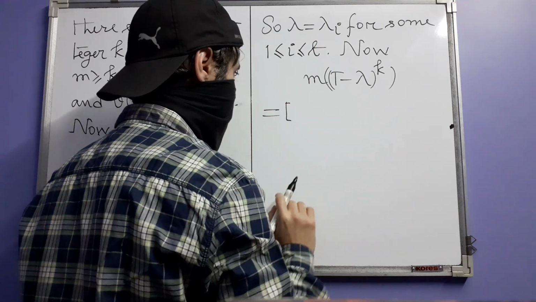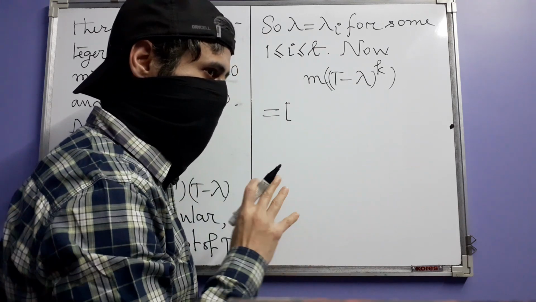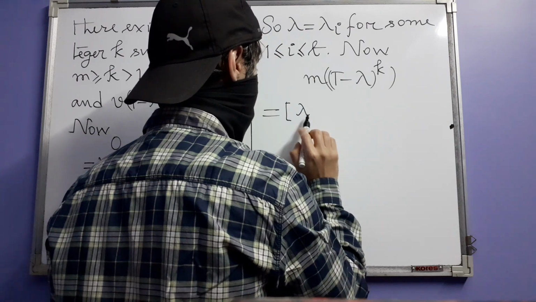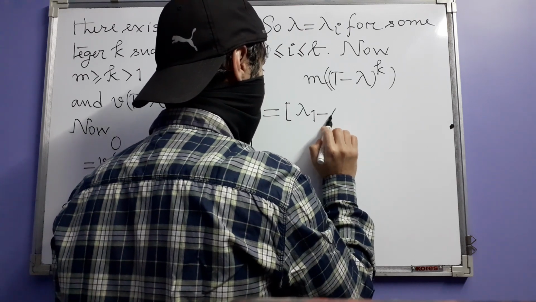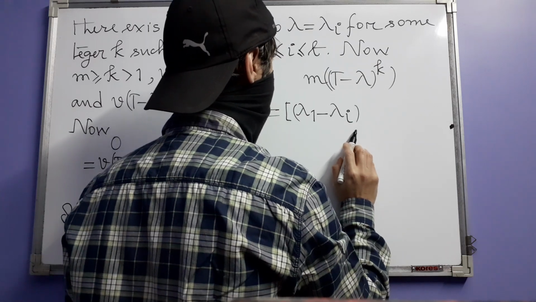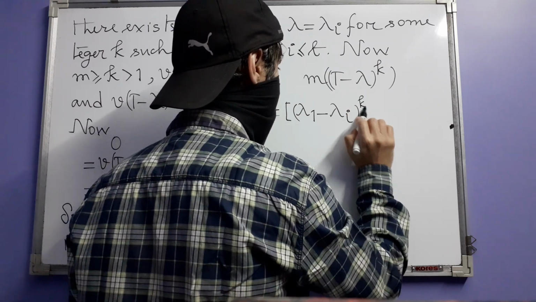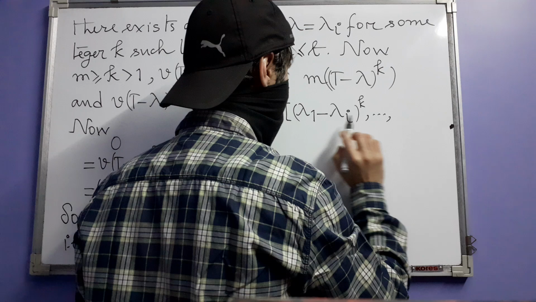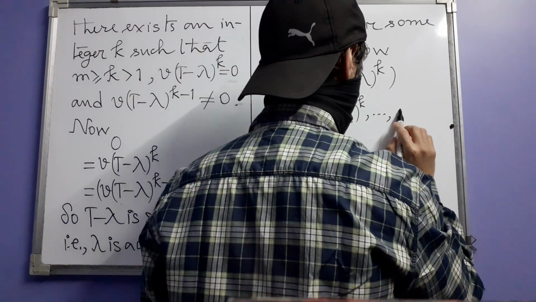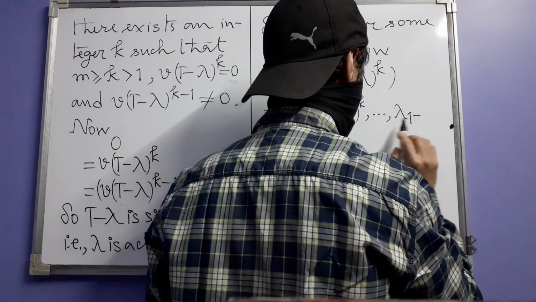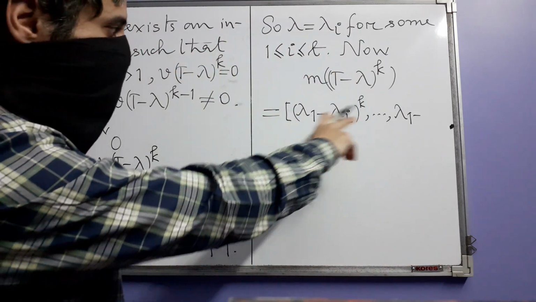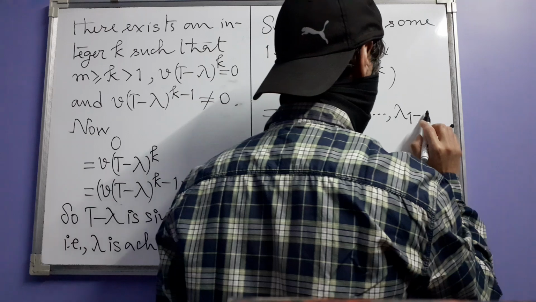It will be somewhat long, even after using this short notation. First we will have lambda 1 minus lambda I to the power k, and like that a few of these will be repeated. As many times as we have lambda 1 repeated, that many times we are going to have this.